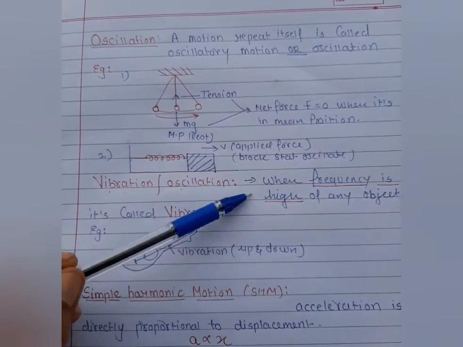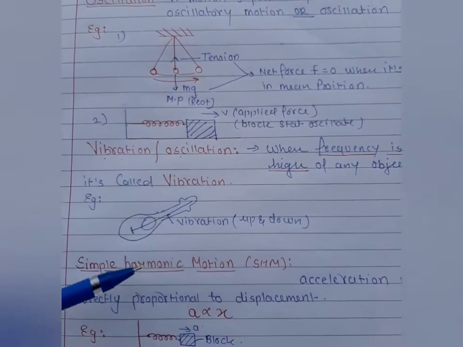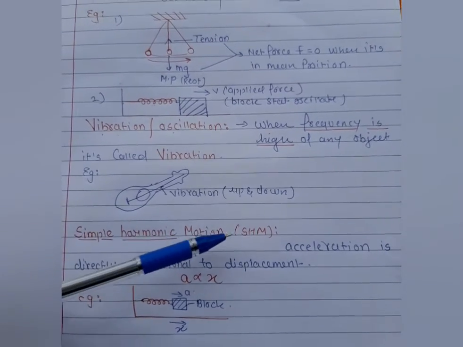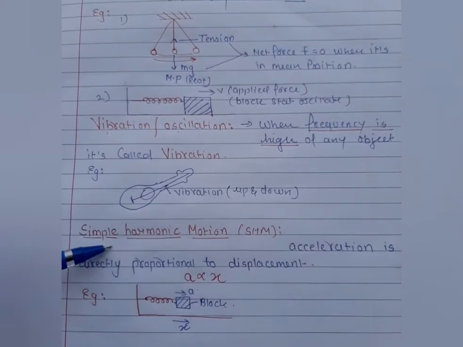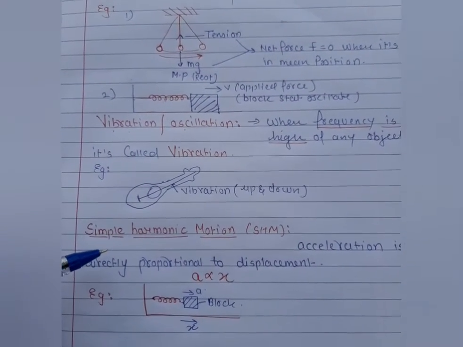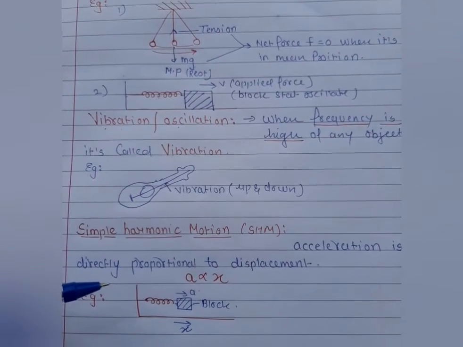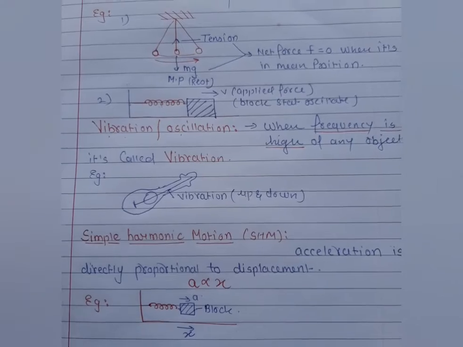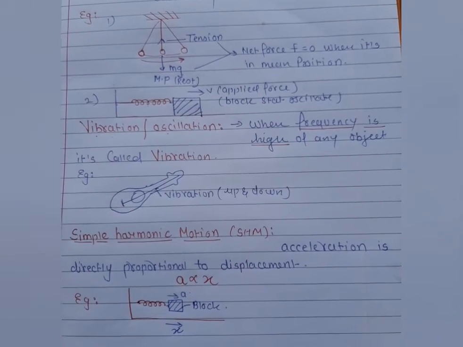Clear? And as you know very well, students, oscillation is also divided into simple harmonic motion, known as SHM, because in this whole chapter we are dealing with simple harmonic motion and non-simple harmonic motion. So before I start the simple harmonic motion and periodic motion derivation, I am giving a recall and a note about the basic concept.